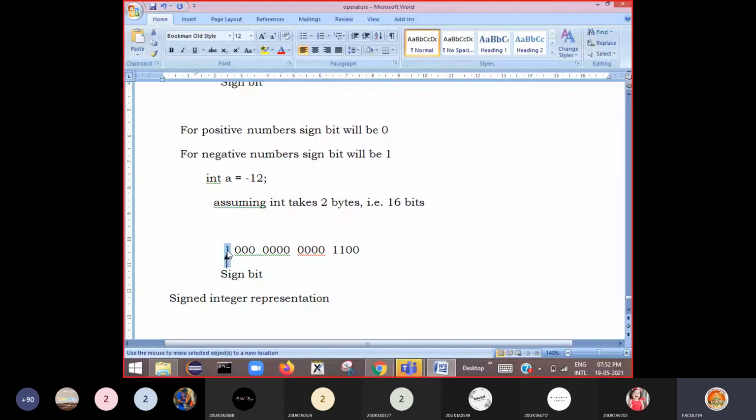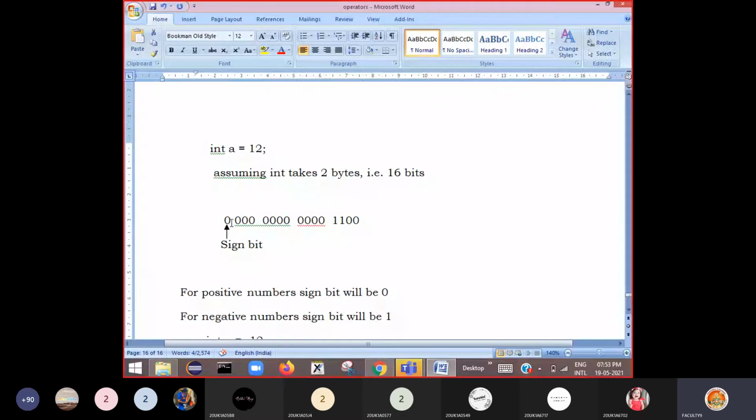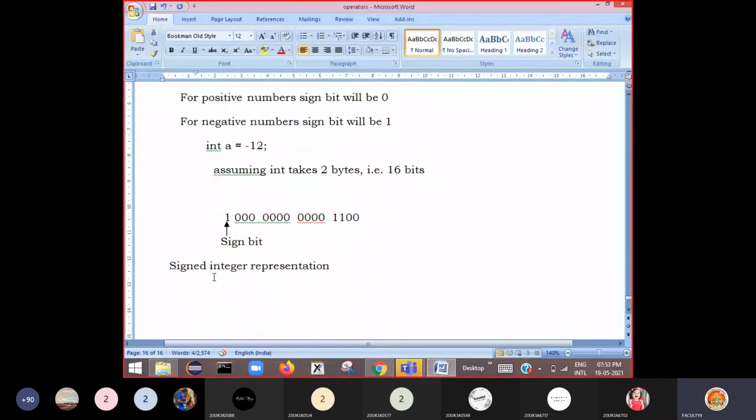If the sign bit is 1, the remaining 15 bits indicate the magnitude of the number, and the entire number is negative. If the sign bit is 0, the remaining bits indicate the magnitude, and it is a positive number. This is called signed magnitude representation of numbers.